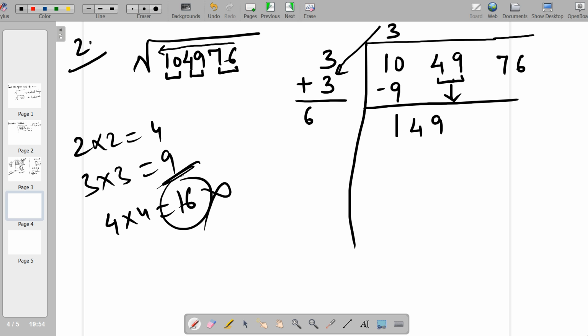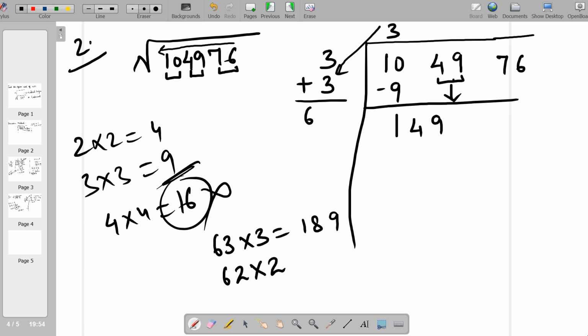So what can be done? If you try with 63 and check what value it will give, 3 threes are 9 and 6 threes are 18. So this is a greater value. This won't work.